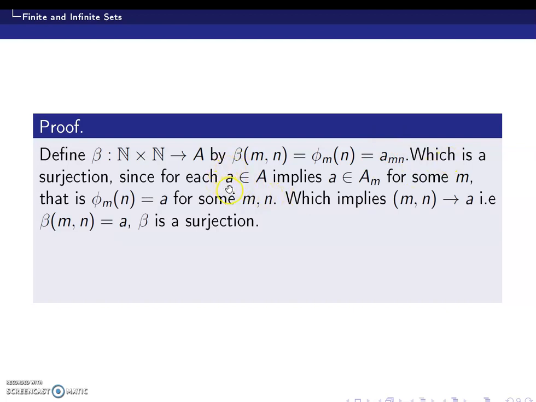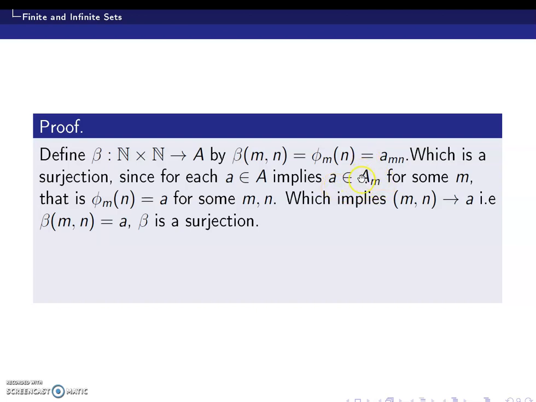Since, where capital A is the union of the A_m, a belongs to capital A implies a belongs to A_m for some m, which is using the definition of union of sets.